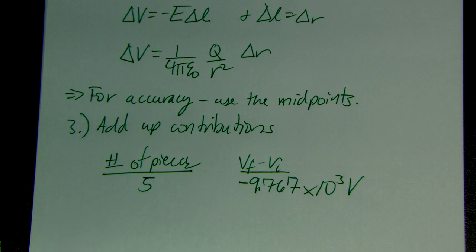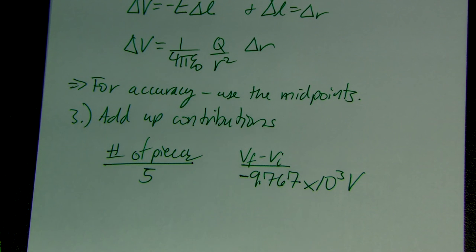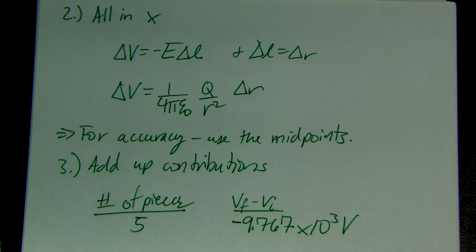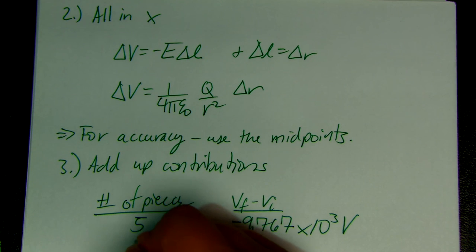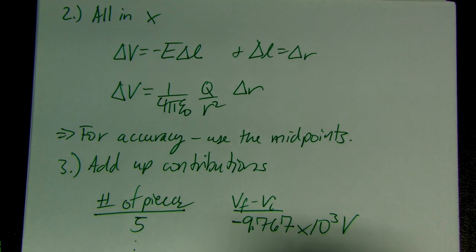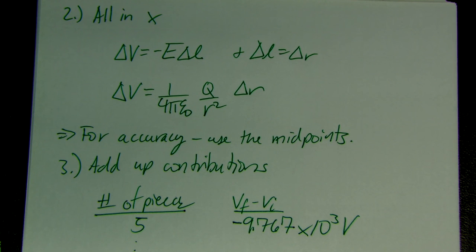Now, you could make this more accurate if you wanted to use more pieces. For example, if you use 100 pieces, then you would get minus 10.124 times 10 to the 3 volts. And then we can check our results.